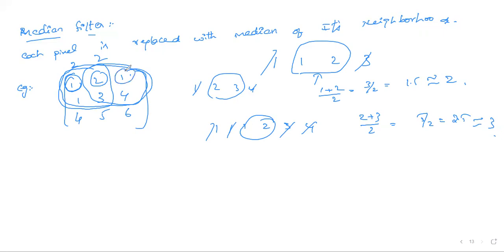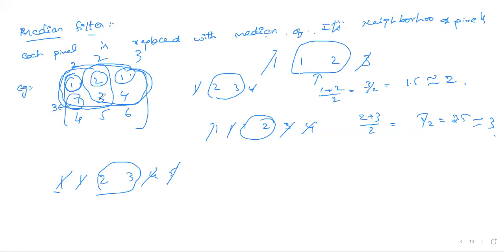So this pixel is replaced with 3. For this one, the neighborhood is 1, 1, 2, 3, 4, 5. I am calculating the median of its neighborhood pixels: 2 plus 3 by 2, that is nearly equal to 3.